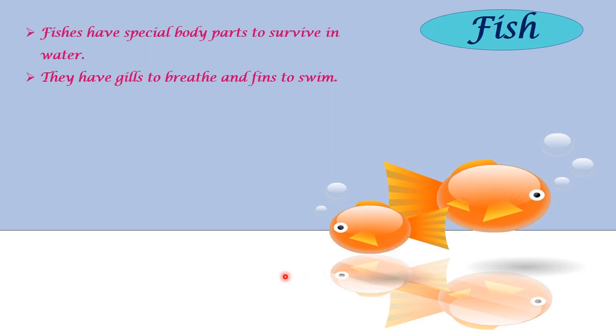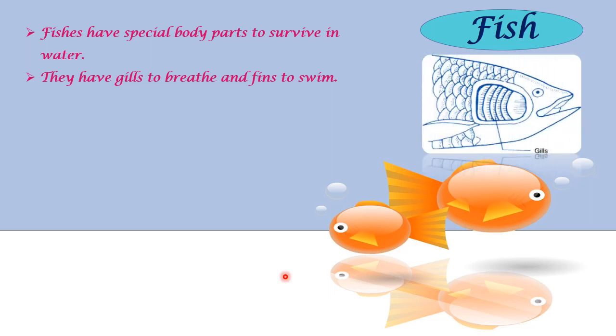Look at this picture. Whenever your mom gets fish or whenever you look into the fish tank, the fish will have gills. This part of the fish, you might have seen, it will just open and close, open and close. This is called gills, which helps in the respiration process, the breathing process.